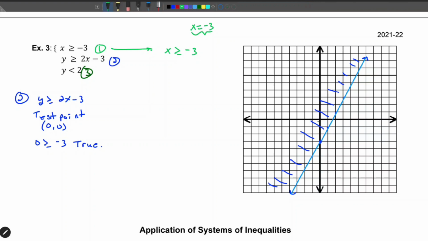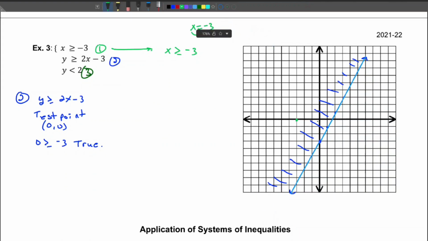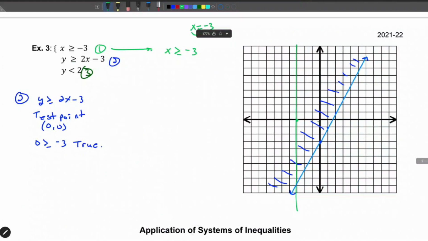So x is only going to be -3. Come over to -3 for my x value. And if we're going to graph this guy, we know, 1, it's a solid line, and it goes through an x-coordinate of -3, and it'll never be any other x-coordinate other than -3. So it looks like that.